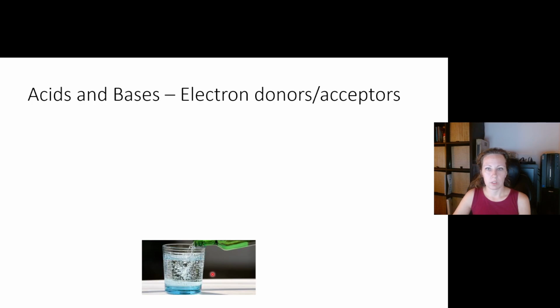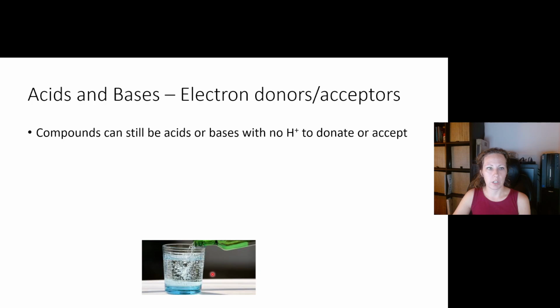Okay, so continuing along here, a compound can be an acid or a base without having any hydrogen to donate or accept. There are just specific scenarios where it's very compound specific.